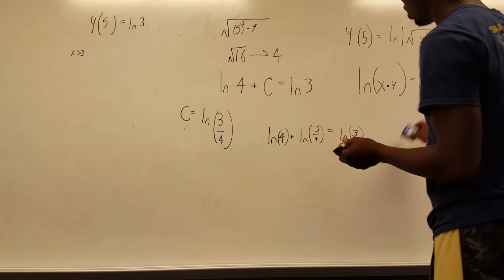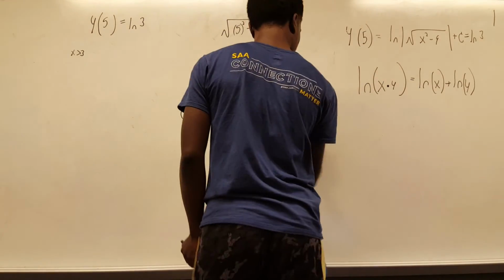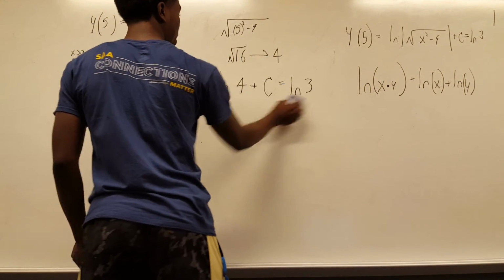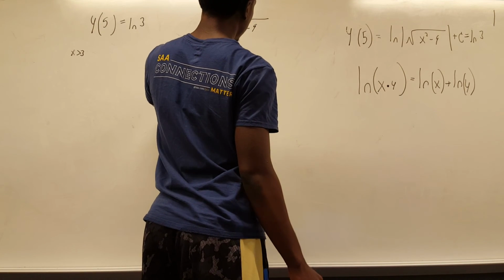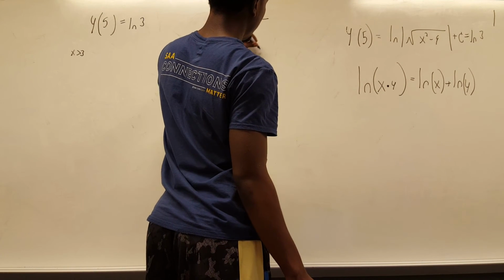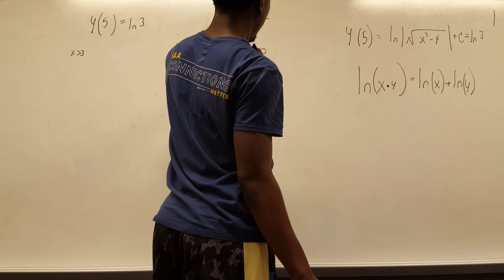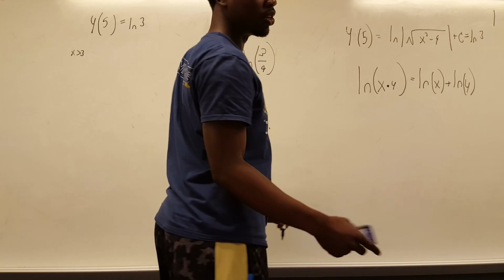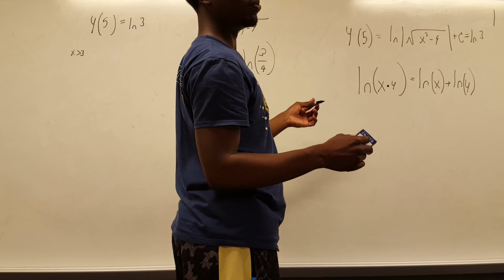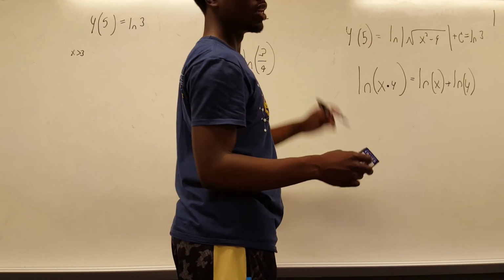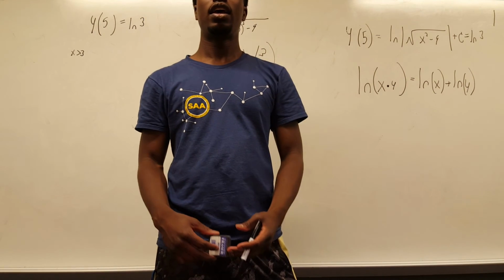To make this more clear, we can now determine that C is equal to the natural log of 3 over 4, and that satisfies the equation so that the natural log of 3 can be found from the equation that we had earlier. Thank you. My name is Beasley again, and this is my video.